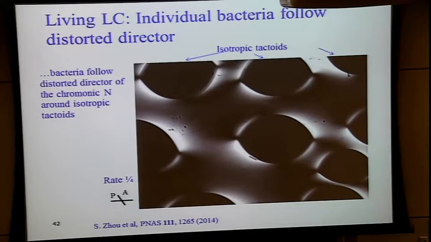The next step, not much different but still different, is you create distortions of the director field, and these are nothing else but the tactoids of isotropic phase that we explored in detail in the previous lectures. So the director is distorted around this thing, and as you might see, the bacterium follows the trajectory, and so it gives you the idea that you can design the director pathway and the bacterium would just follow this director field.